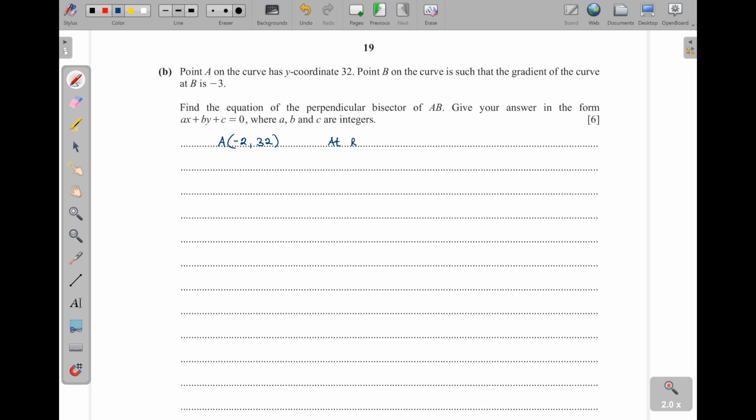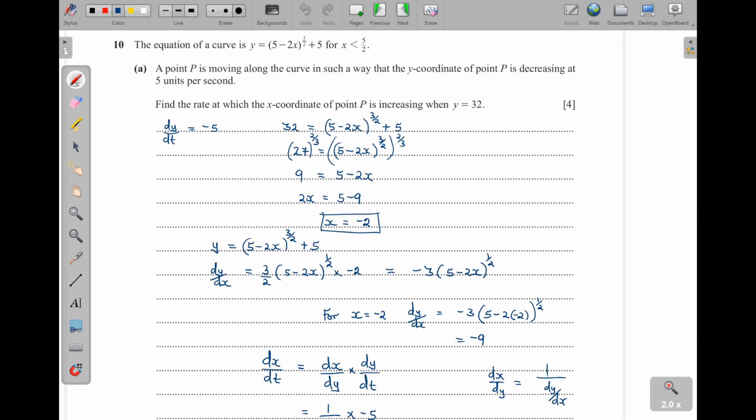So at B, we said that the gradient of the curve is equal to negative 3. So let's go back here and we check the gradient function, when we differentiated dy/dx, we got this one here.